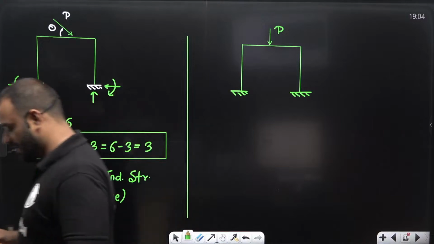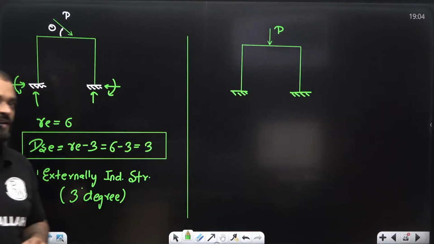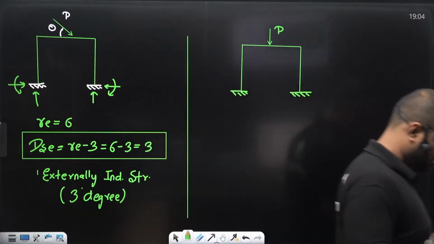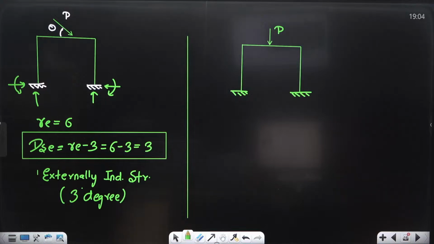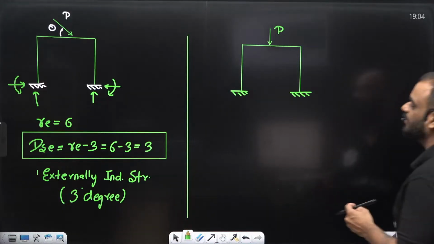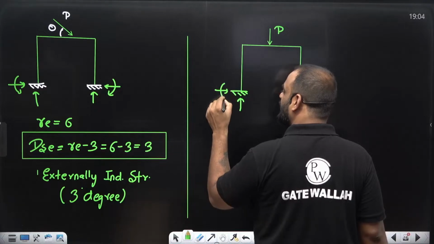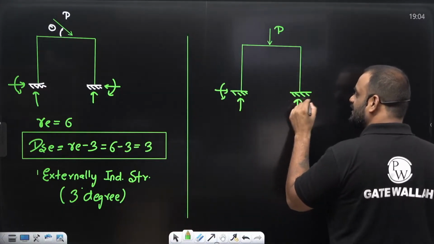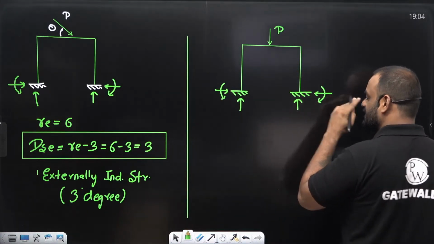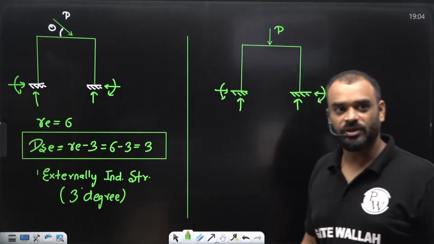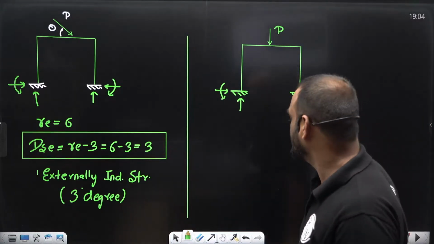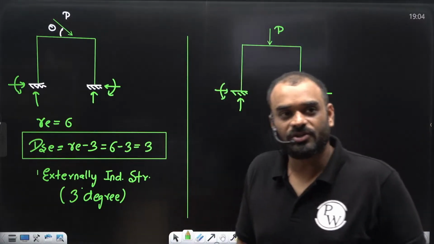Very nice, Bhanu. Any other student? It is 6 again. That's why I have asked you. Again 6.